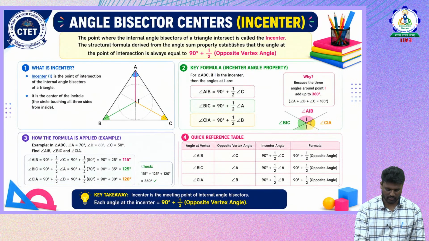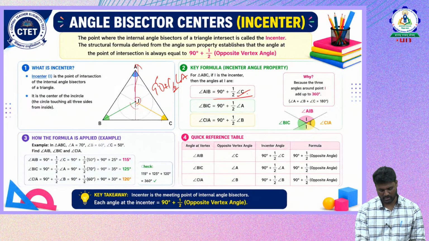The opposite vertex angle is angle A, so that becomes 90 degrees plus 1/2 of angle A. Similarly, let us assume this is I. Angle AIB is 90 degrees plus 1/2 of angle C, the opposite angle. Similarly, for BIC, it is 90 degrees plus 1/2 of the opposite angle, where the incenter point is I, so that becomes 90 plus angle A by 2.